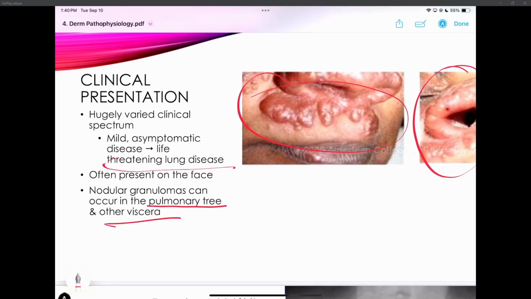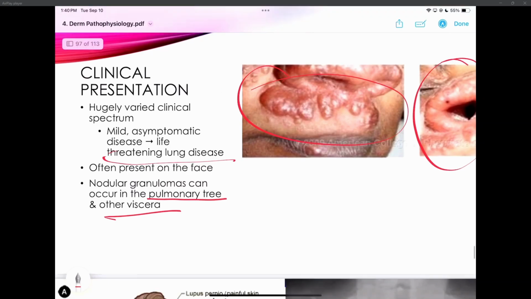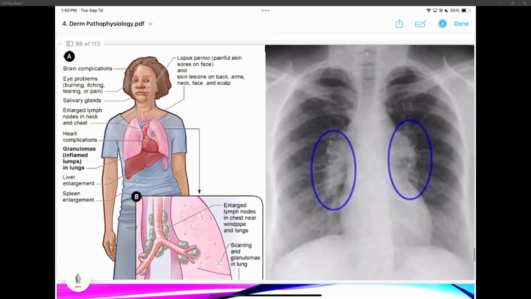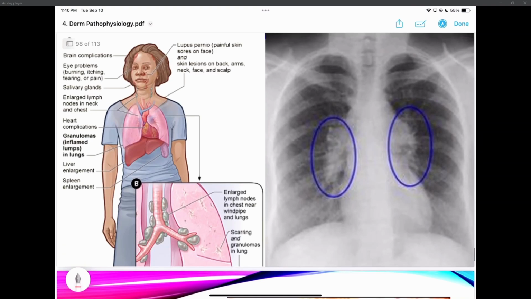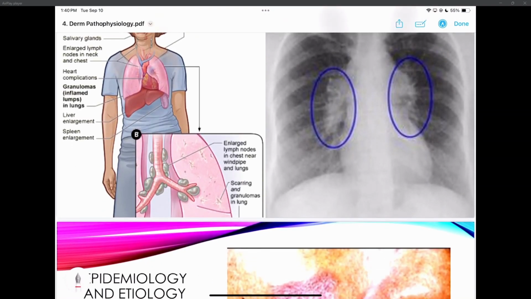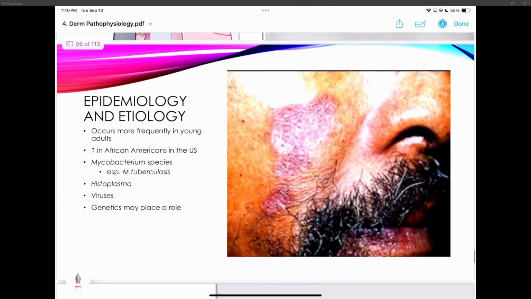So you're breathing in and out through your nose, those cells go into your lungs and they can invade your lungs. So you have those granulomas in the lungs. These are all different signs and symptoms of these issues. The granulomas, you can see here, they kind of go along the lung, and you can see them here on the x-ray.